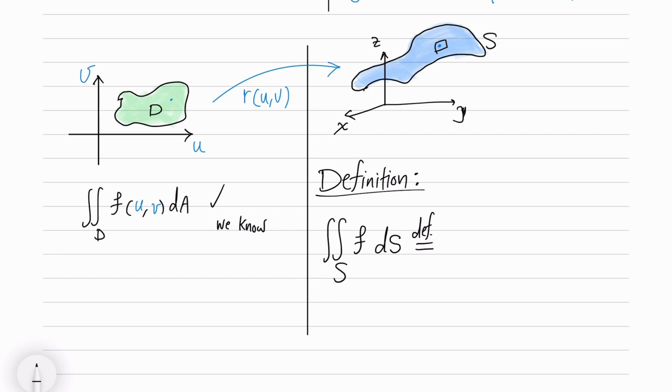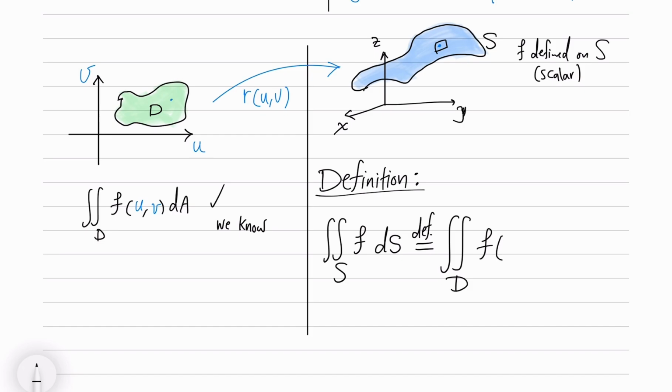Because we have this parameterization r, instead of integrating along the curved surface, which we have no idea how to do, we transfer everything back to the region D. f is defined on the surface S, it's scalar valued.